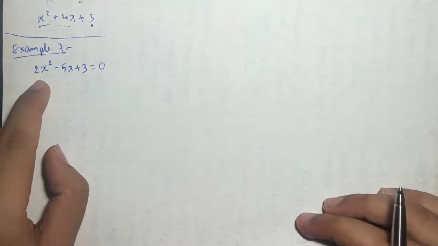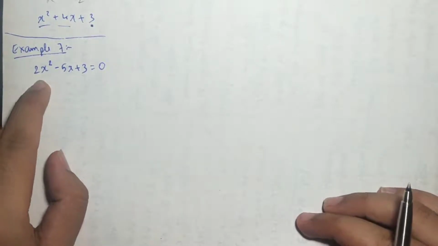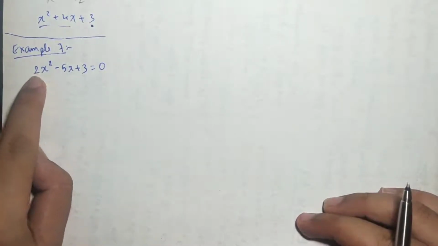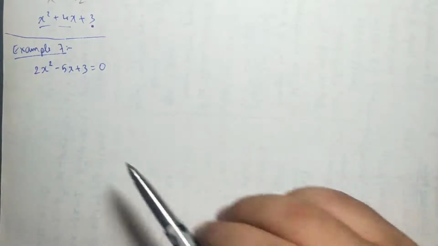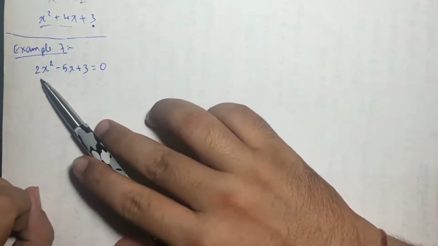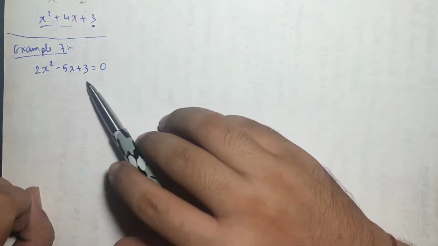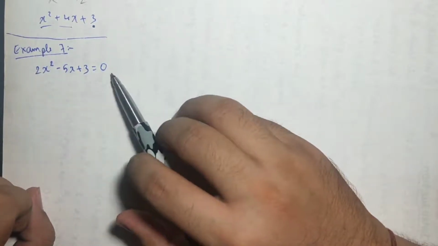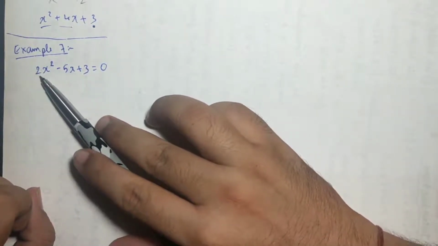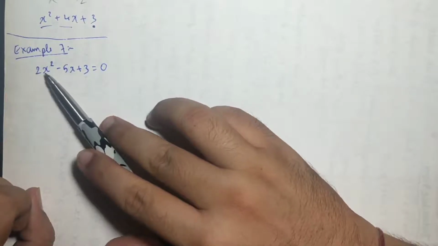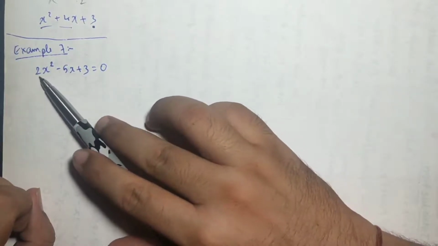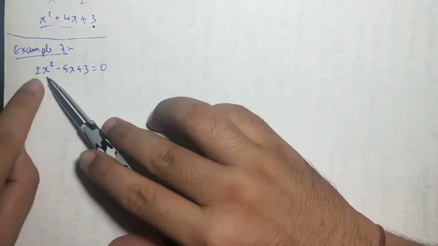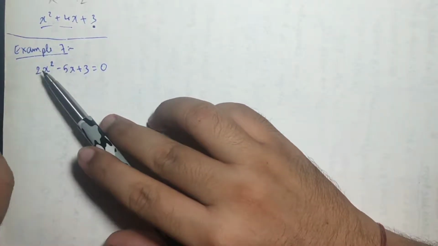Whatever may be the coefficient of x square, see, here 2 is the coefficient of x square, divide the equation, all the terms, by that coefficient. So if I divide all the terms by the coefficient of x square, we will have the coefficient equal to 1.